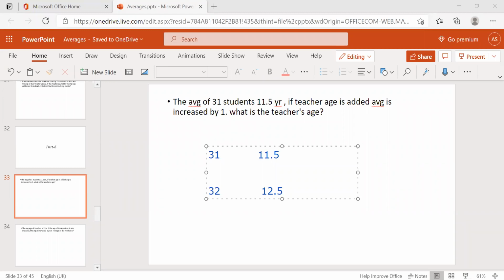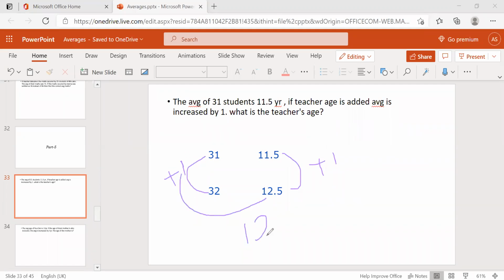Now what's the shortcut? Take the difference of these two. What is the difference? Plus 1. Take the difference of these two, it is also plus 1. The plus sign is very important here, but at the end the sign does not matter. Okay, now what we have to do? First, this difference into the bottom number.